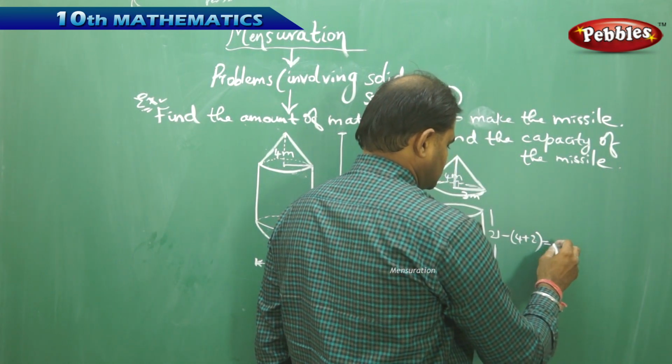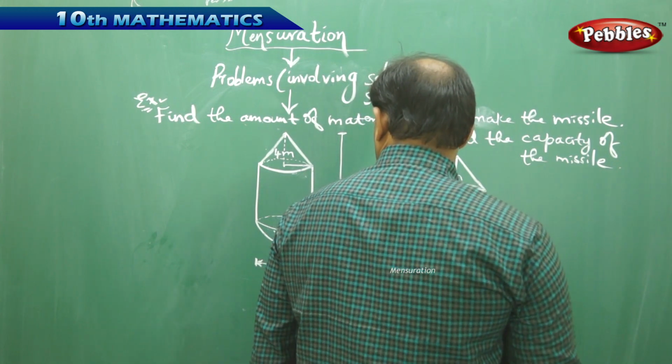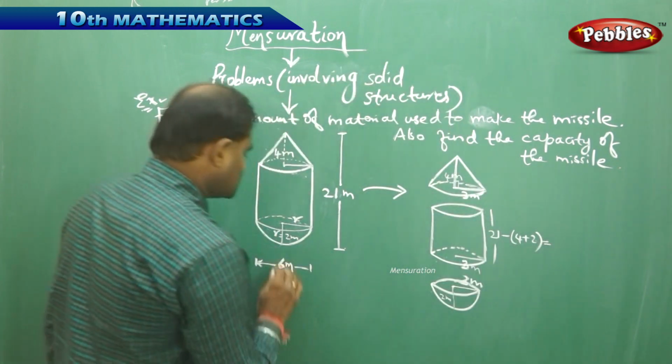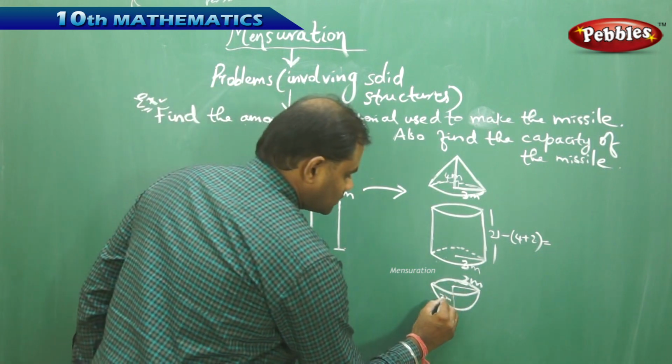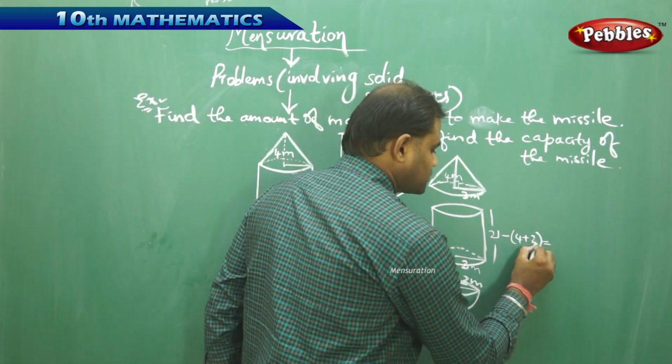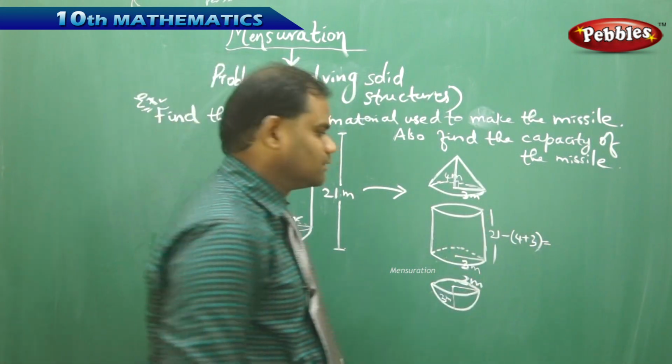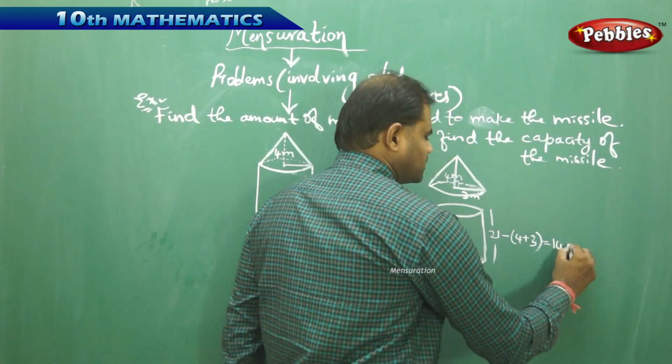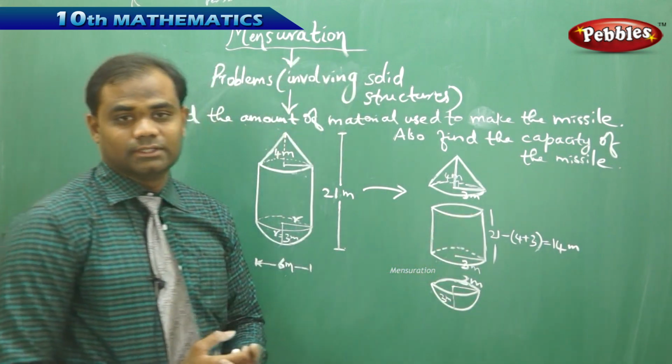Oh, this radius is 3, it's not 2. The radius is 3. Therefore, 21 minus 4 plus 3, which is 21 minus 7, and that is 14 meters, is the height of the cylinder.